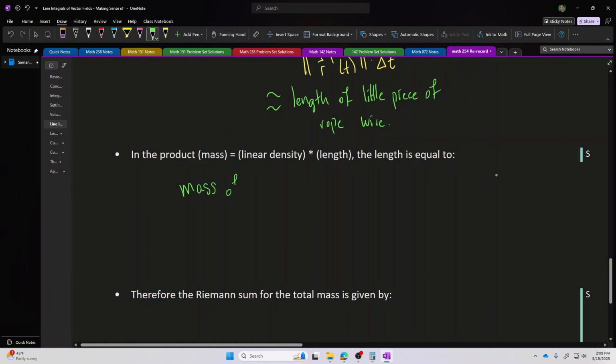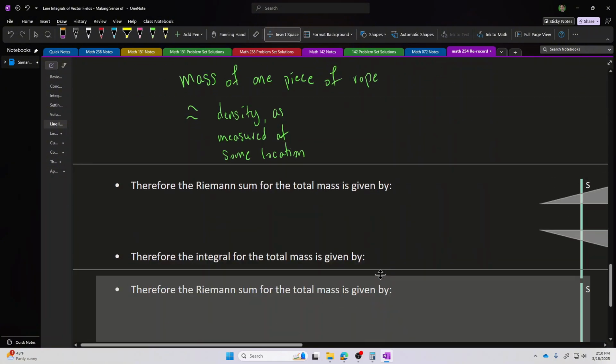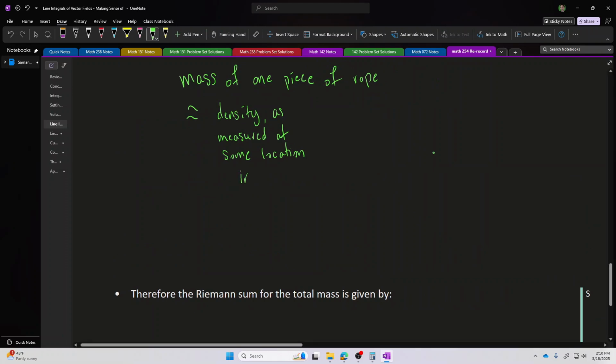Mass of one piece of rope is approximately equal to the density as measured at some location in the piece times the length of the piece.